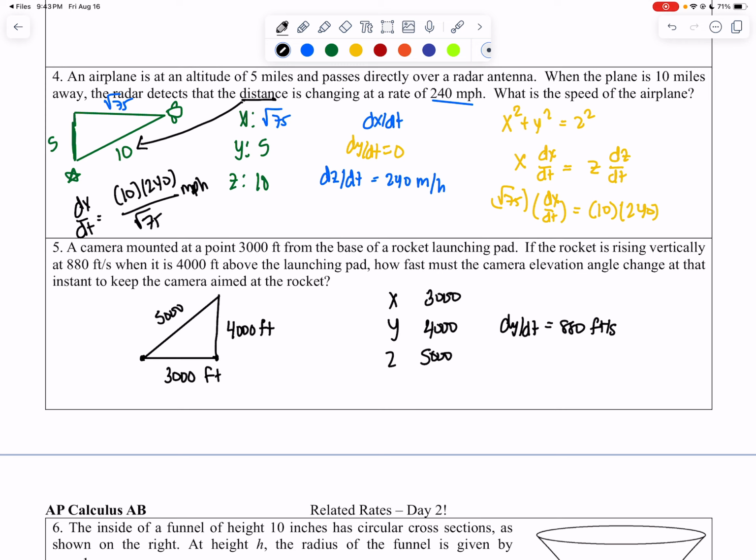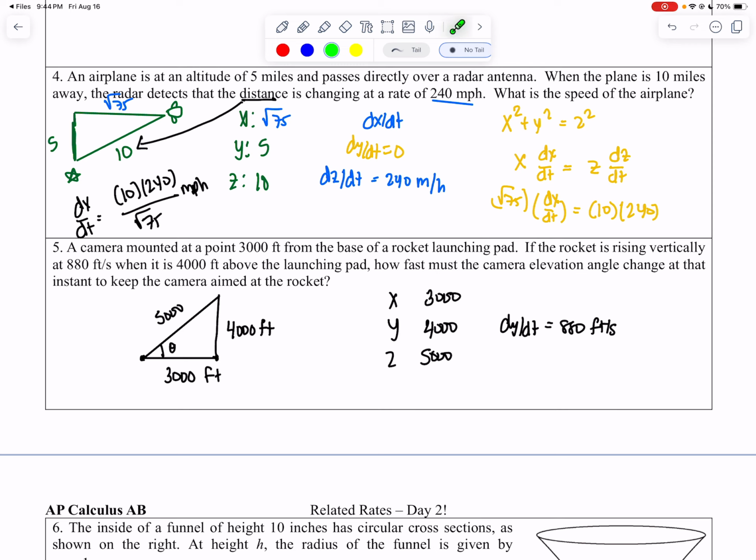And it tells us how fast must the camera elevation angle change at that instant to keep the camera aimed at the rocket. So we're trying to figure out what d theta dt is. Notice how your horizontal distance of 3,000 is never going to change.